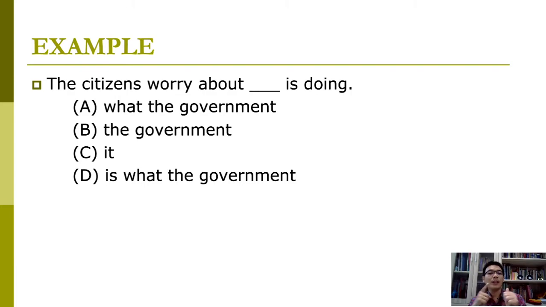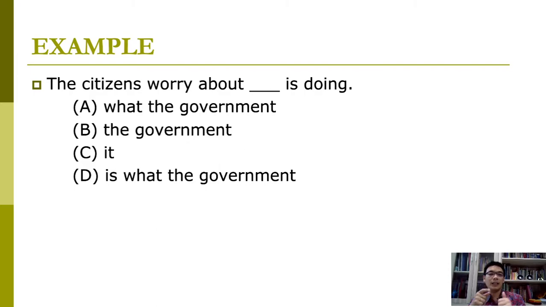Because there is only one subject with two verbs, so what do we need to complete the sentence? We need another subject and connector. Let's see the options A, B, C, and D. Let's try to eliminate them. Focus on the options that have connectors.